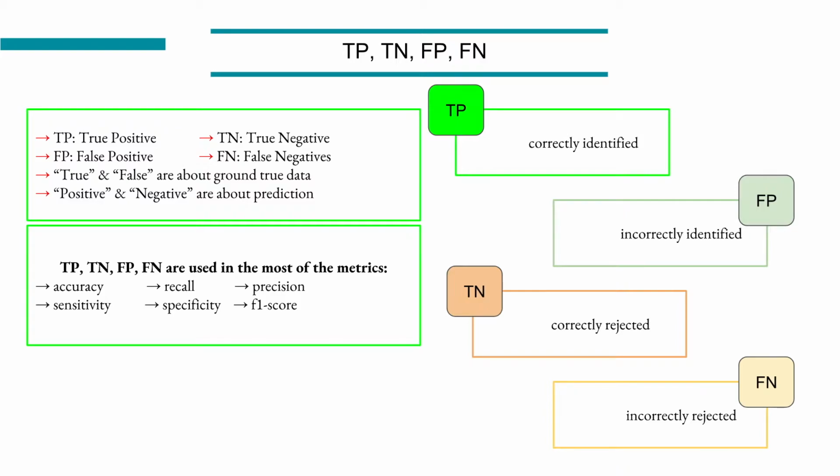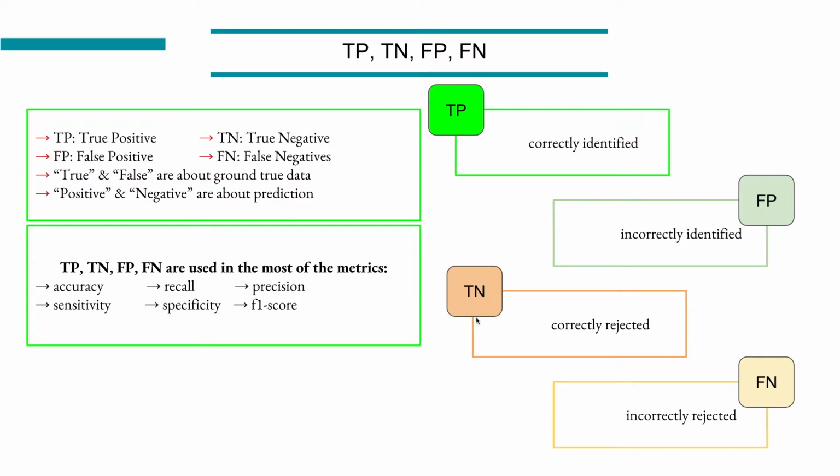False positives are incorrectly identified samples. Correctly rejected means you predict negative and it was true, which is a true negative. A false negative is incorrectly rejected: you predict the sample as negative, but it was positive.